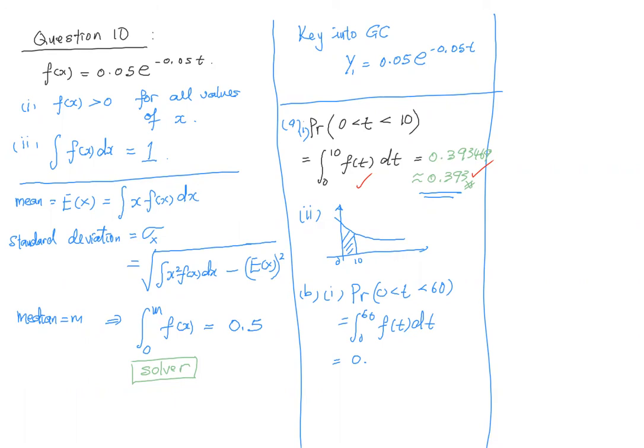Because if you integrate 0.05 e to the power of negative. Hello? Did you put this into your Y1? 1.05. How can it be 1? Probability, how can it be 1? No, you are wrong.